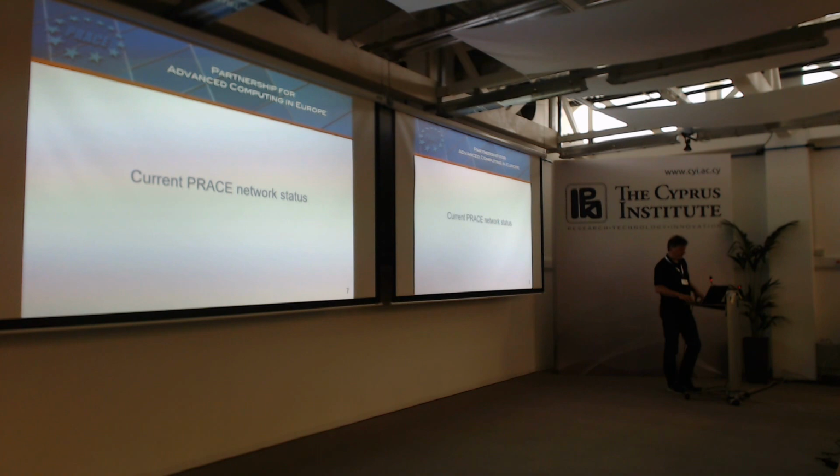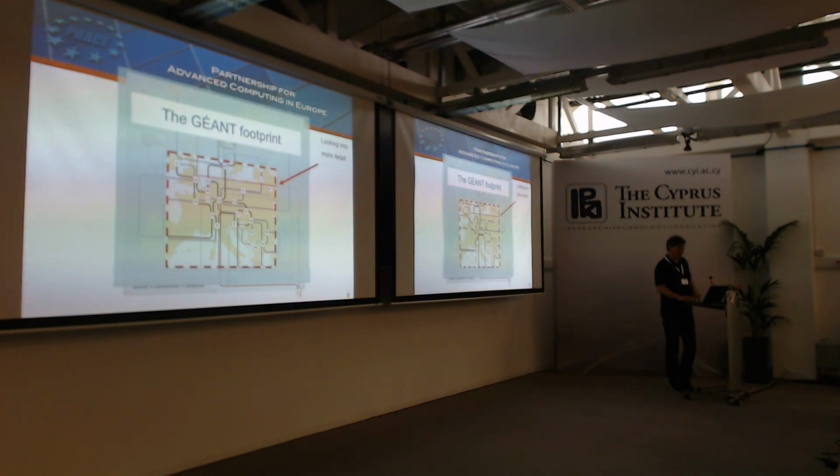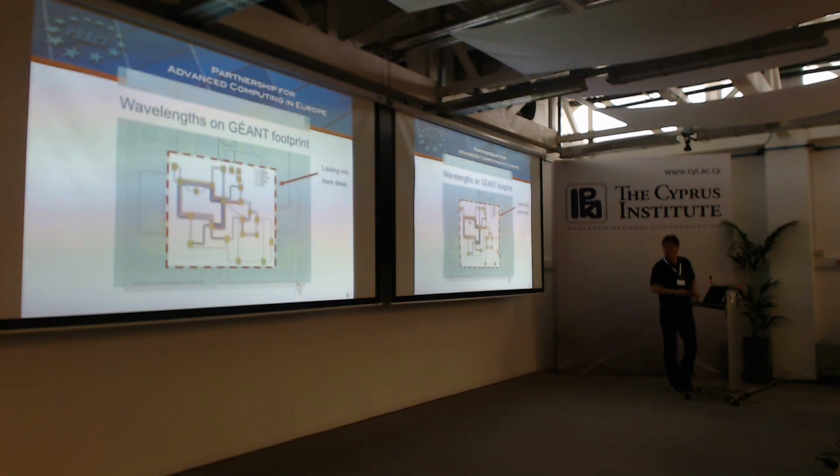So, now coming to the PRACE network. I think all of you know the GEANT network, which connects all these research centers in Europe, and at the end it's the fiber network which GEANT operates. And if we have a more detailed view, it's not only fibers, it's wavelengths of these fibers which are used.